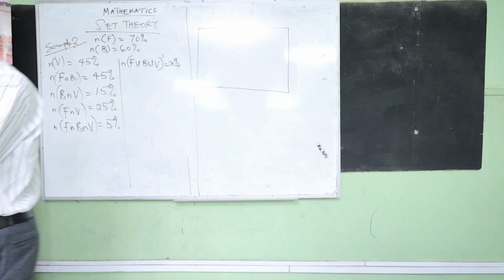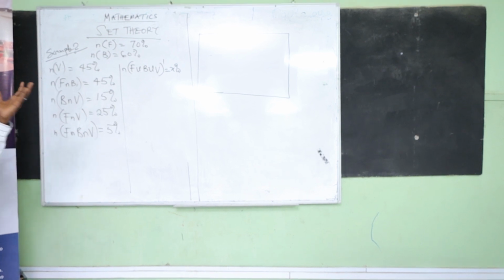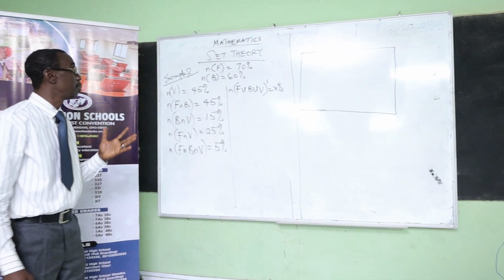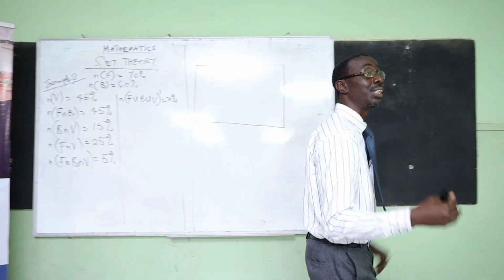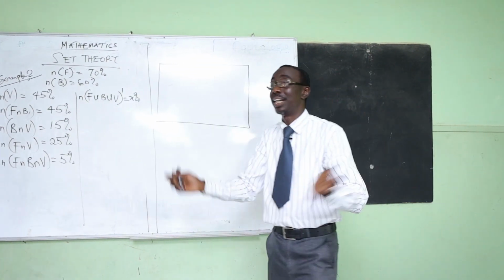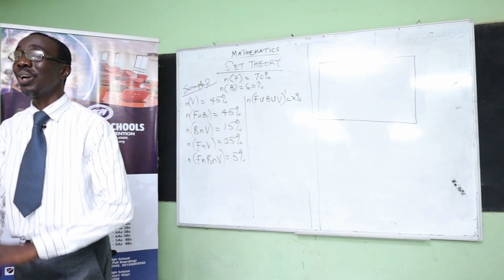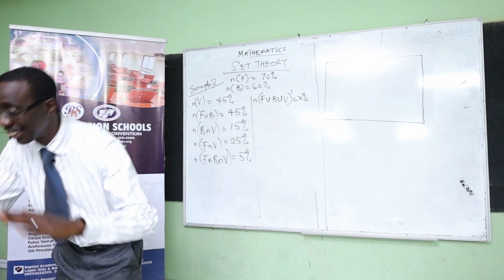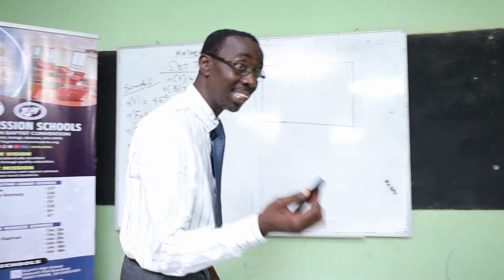We were not given it expressly. But the question is talking in percentage, right? When a question comes your way and is talking in percentage, it shows the universal set, which is the total, is 100%. And the question most of the time will be silent about the universal set. They want us to use our common sense.